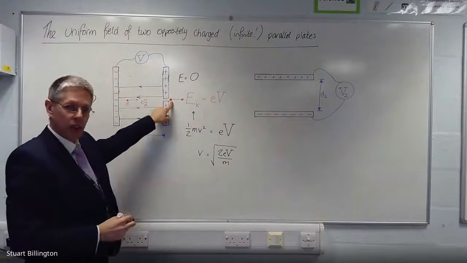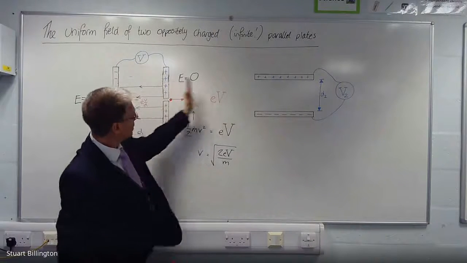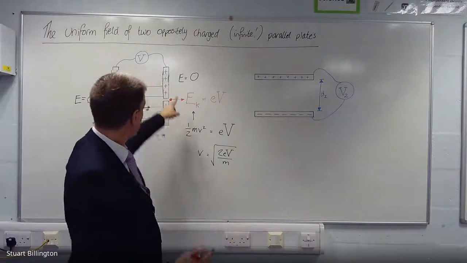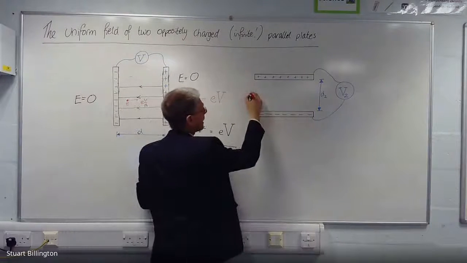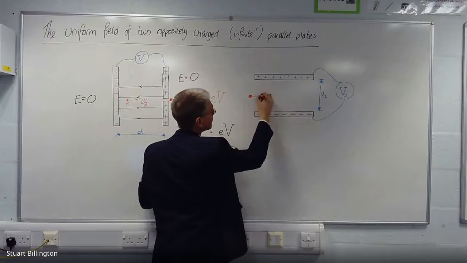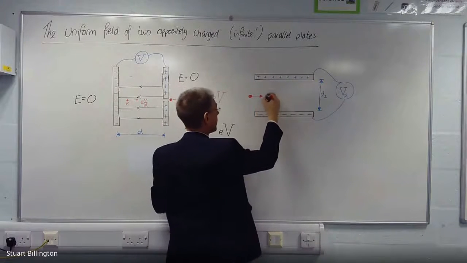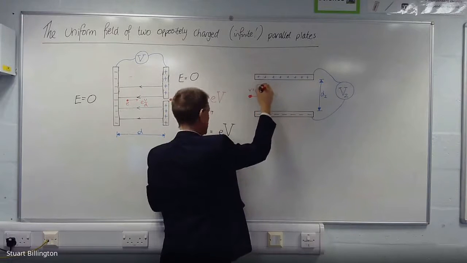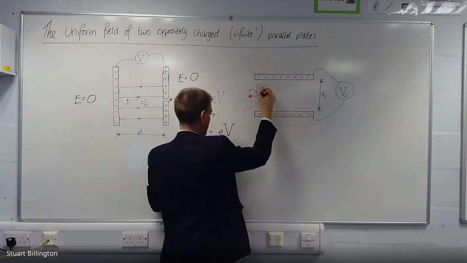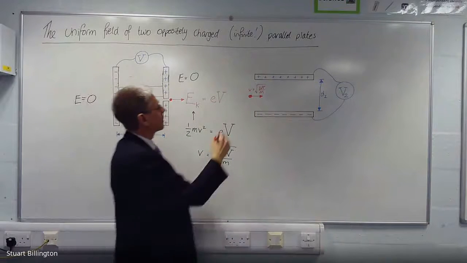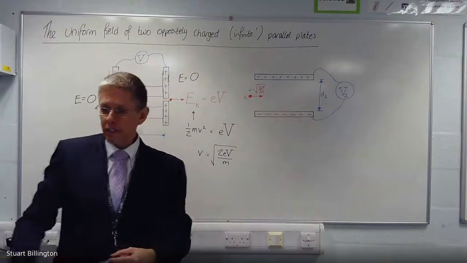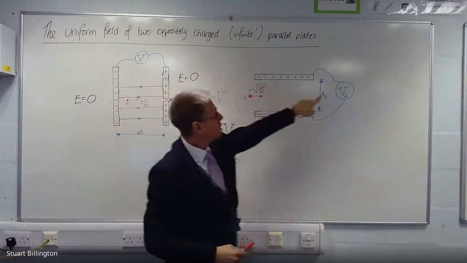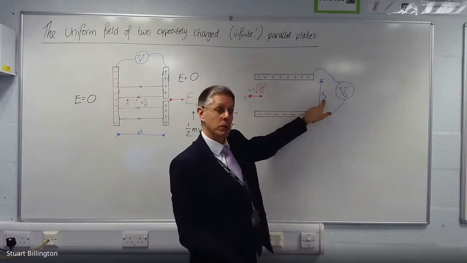Okay, we're going to take this electron and we're going to let it fly through an evacuated space. So it doesn't hit anything, it just travels in a nice straight line because there's no forces on it. And then we're going to let the electron, which is now traveling with v equals the square root of 2eV over m, travel into a region where there's a second set of plates with a new potential difference and a new distance between them.